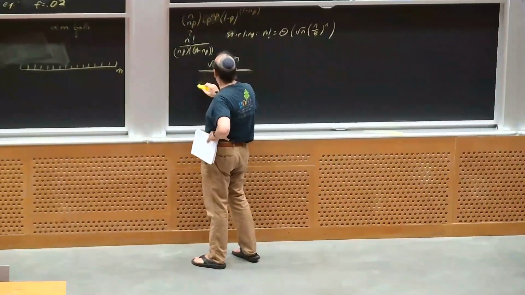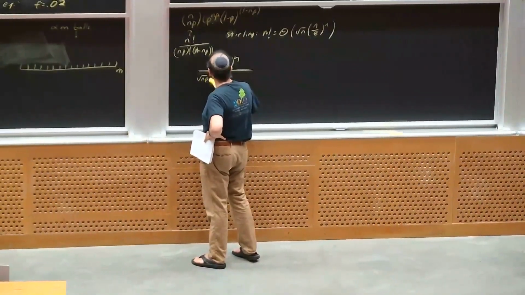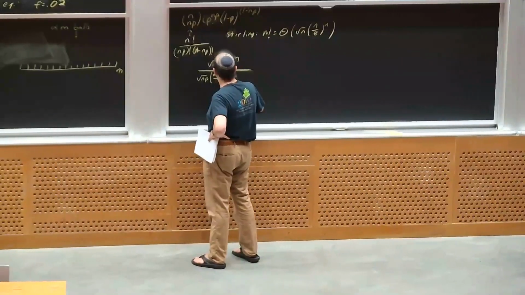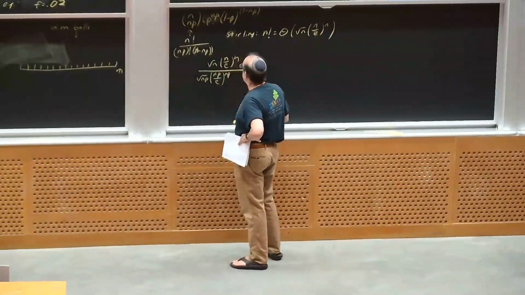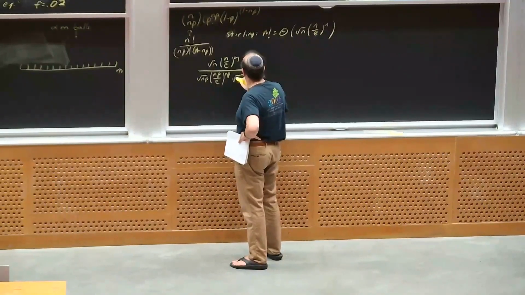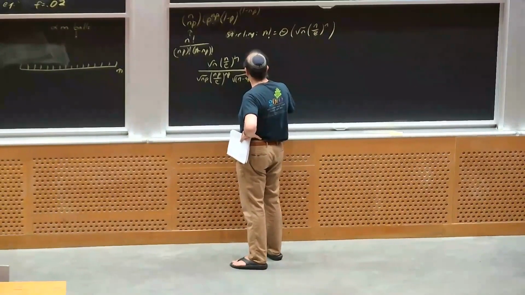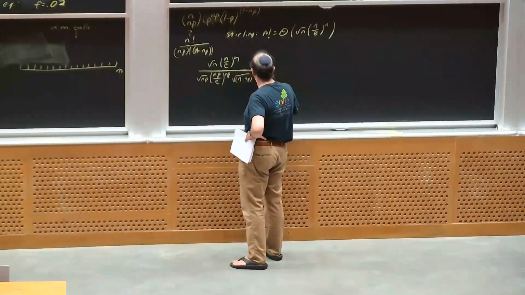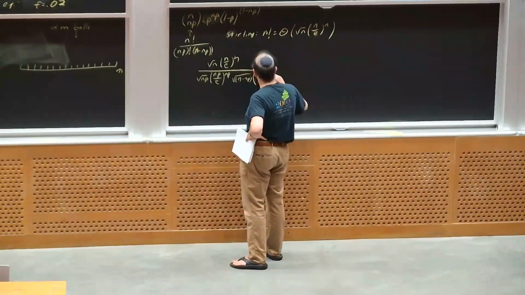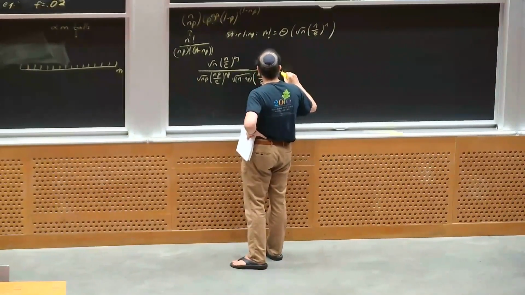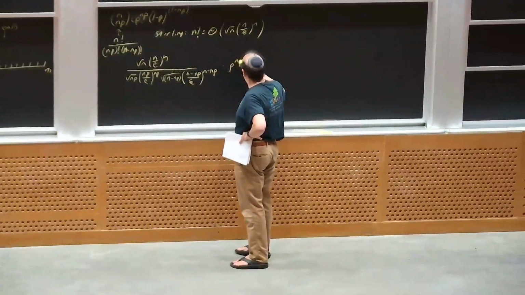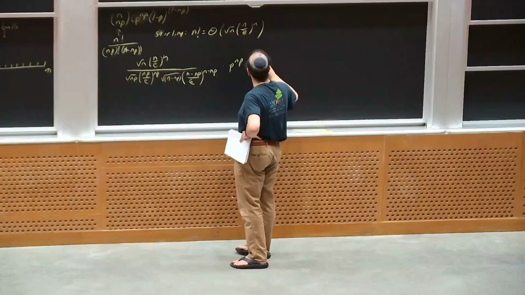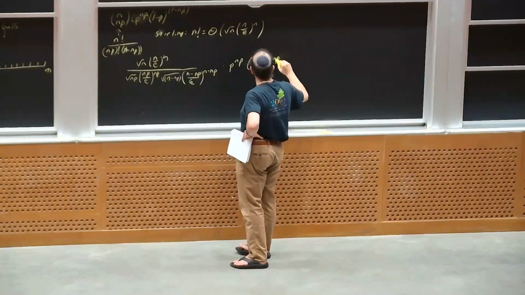Then underneath we have root np times (np over e) to the np, times the square root of n minus np times ((n minus np) over e) raised to the n minus np. And then we multiply that by p to the np times (1 minus p) to the n minus np.